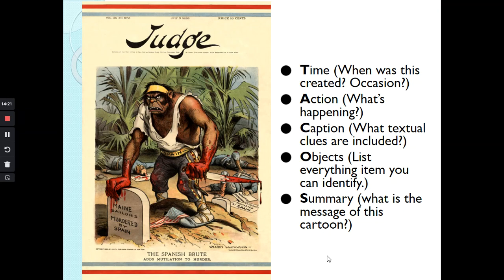And basically, Spain will be accused of sinking the USS Maine, a U.S. Navy ship, and that's why we are going to declare war on Spain. And most of the fighting is going to happen in Cuba and then in the Philippines. And you can see that here.